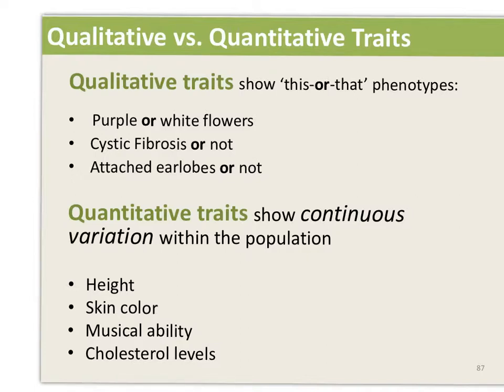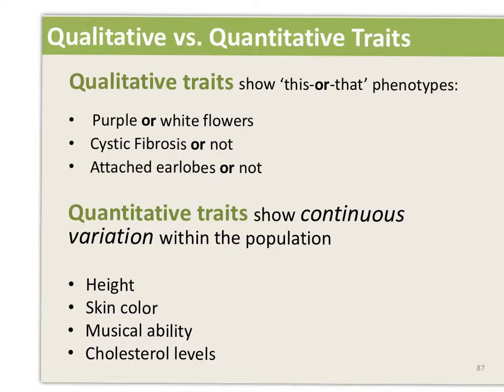Okay? And same thing with skin color. It's also a quantitative trait with many genes. We have gradations of white all the way to very, very dark brown. Same thing with cholesterol levels or musical ability.